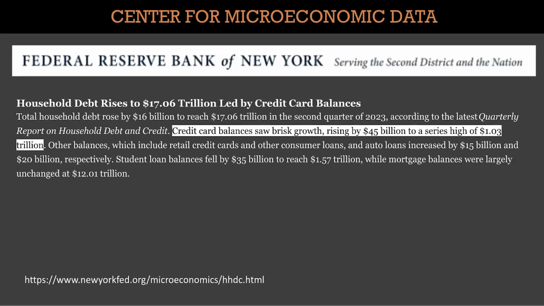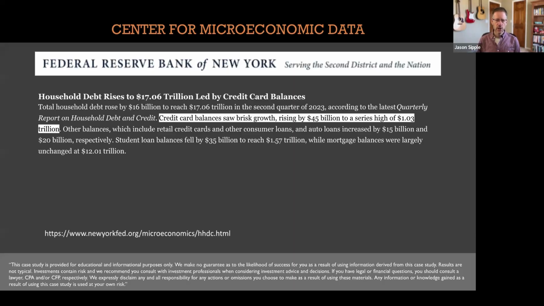And it just blows me away to see that we're at 17.06 trillion. So that's the credit card balances, and kind of showing that it's on an uptick trend where, back in the quarterly report of 2023, we saw it rise from 45 billion to over 1 trillion, and then it just kept on going.